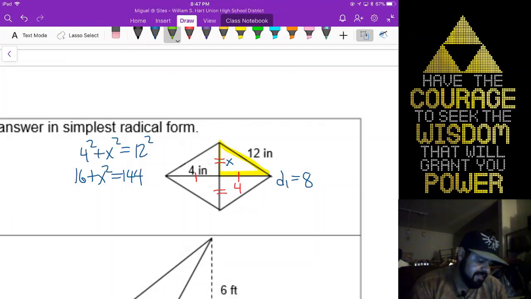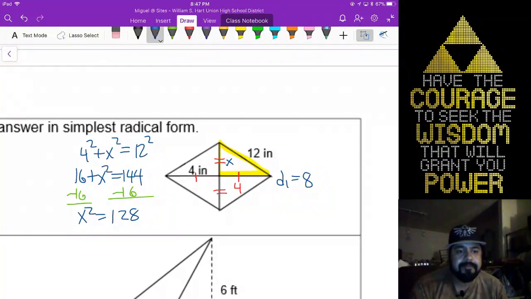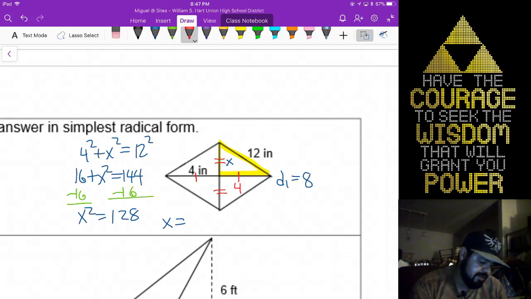You subtract the 16 from both sides. So then you'll have x squared equals 128.